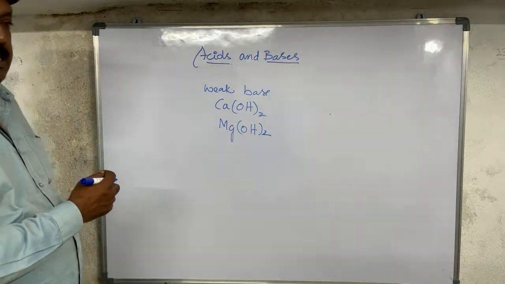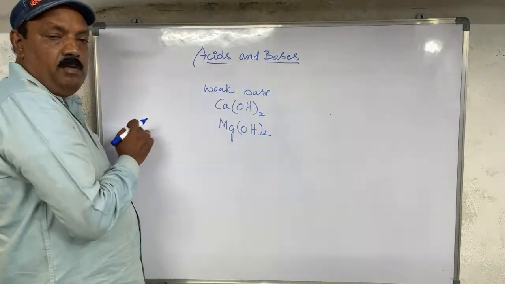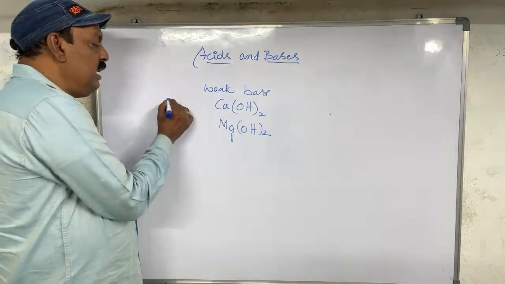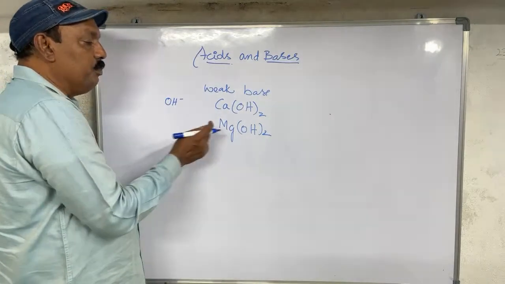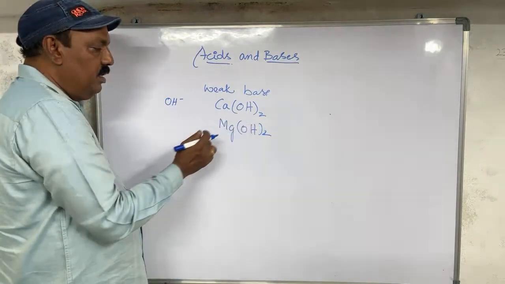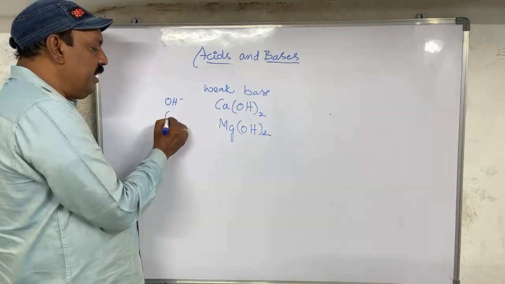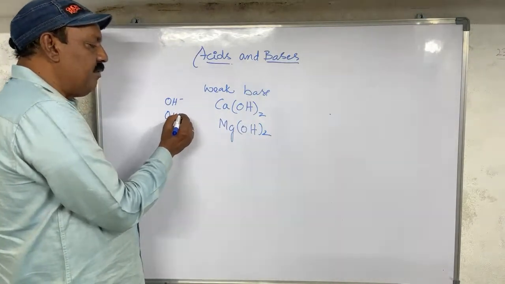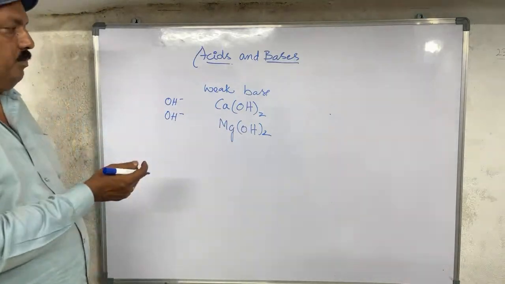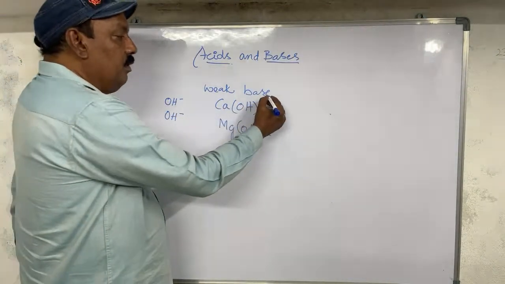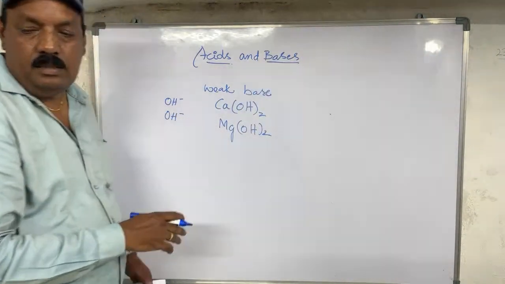These are weak bases. When they dissolve in water, they release only one hydroxyl group, even though they have two. Even though it has more than one, it releases only one, so these are called weak bases.